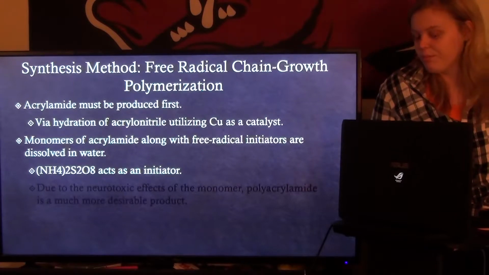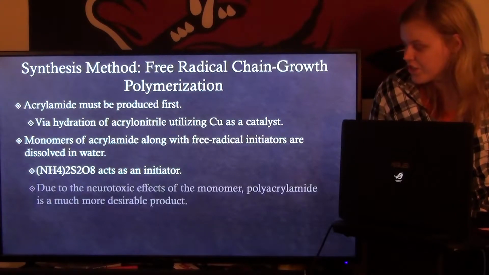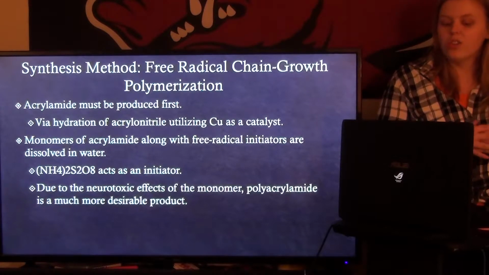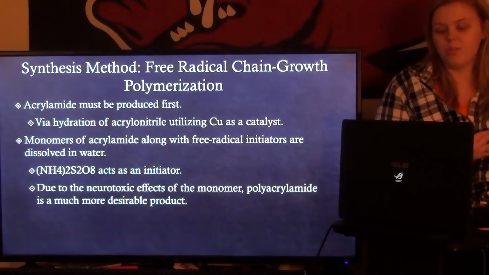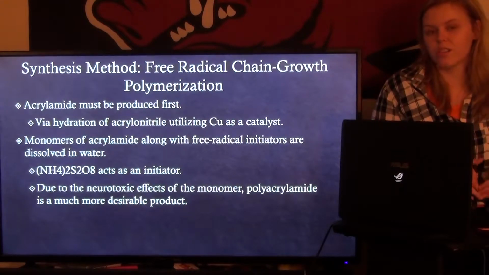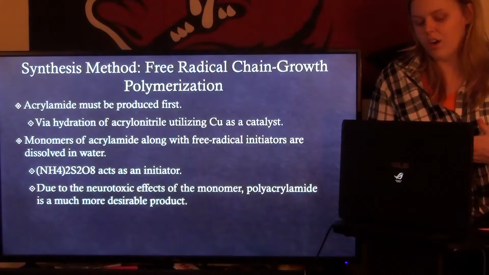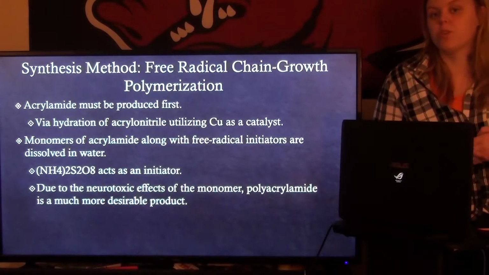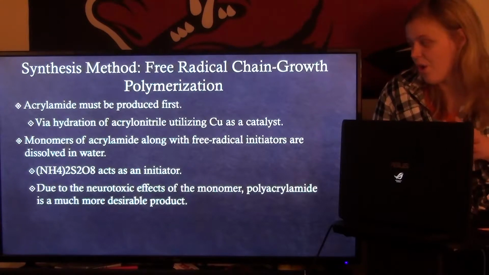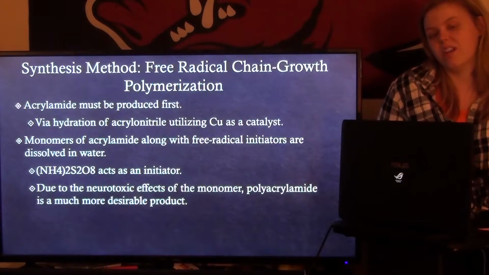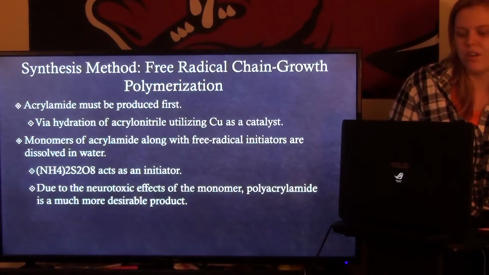There's ammonium persulfate as one of the initiators, and due to the neurotoxic effects of the monomer that were discovered in the 2000s, polyacrylamide is actually much more desirable of a product, so we're always going to want to make that over the monomer in the end.